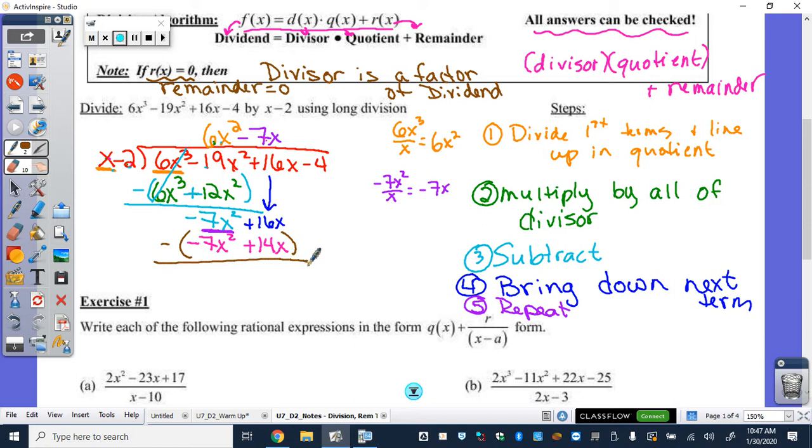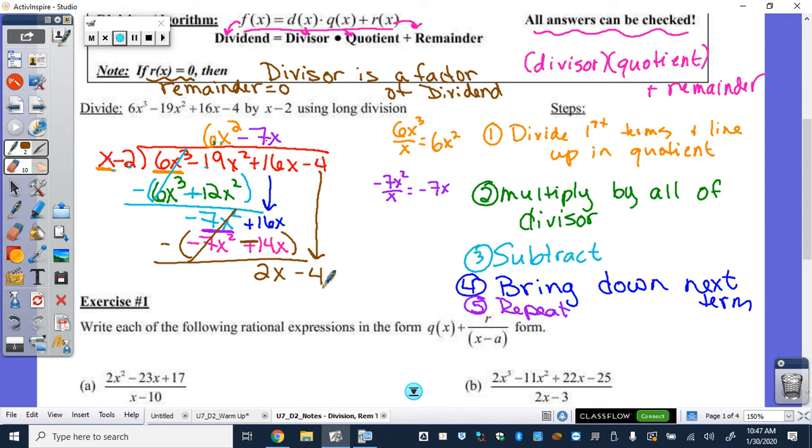After we multiply, our next step is to subtract them. When I subtract that negative 7x squared, it cancels out. My 14x would become negative, so 16x minus 14x makes a 2x. Bring down my last term, so it's 2x minus 4.